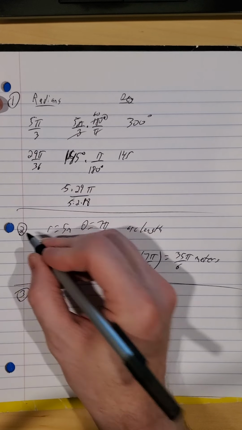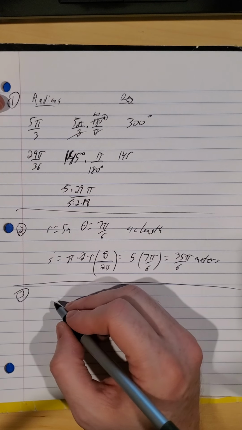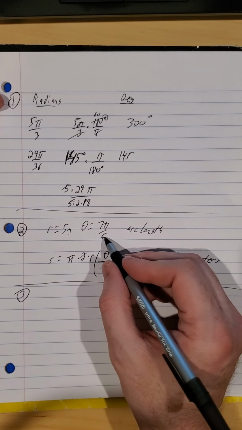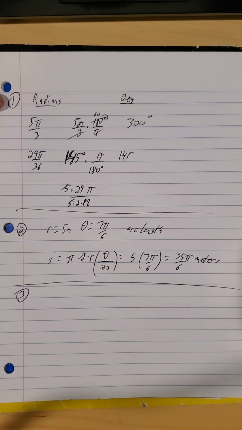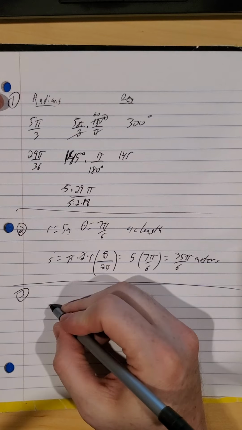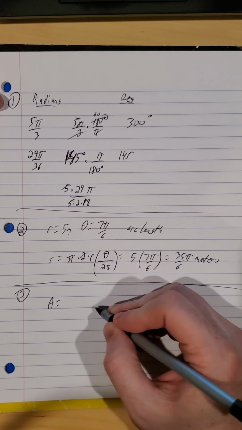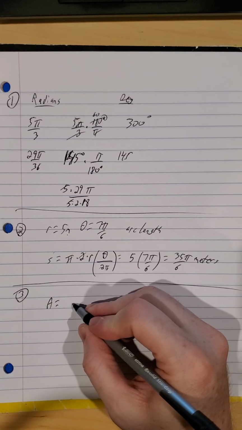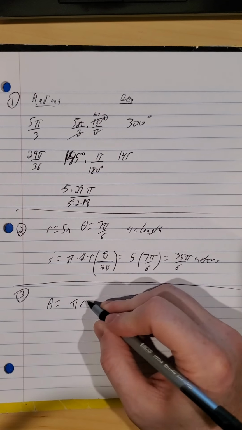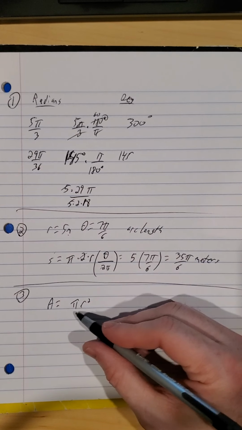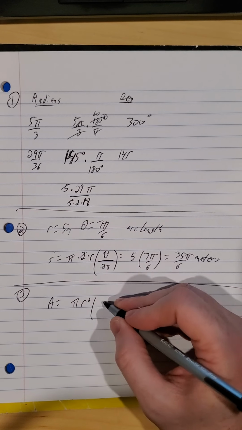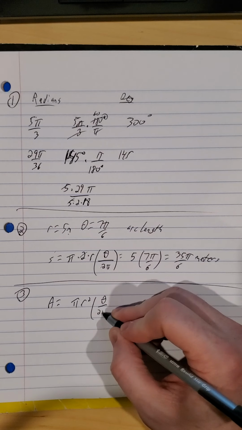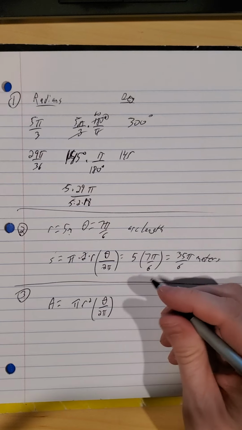Our third one, then, we're looking at finding the area for the previous setup. So radius of 5 meters, an angle theta of 7 pi over 6. Again, if you're into memorizing formulas, that's fine. That'll work out fine. We have pi r squared would be the area if we have the full circle, and we have theta out of 2 pi of a rotation on there.